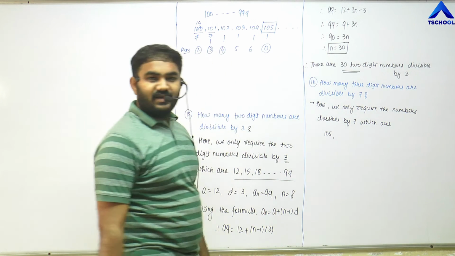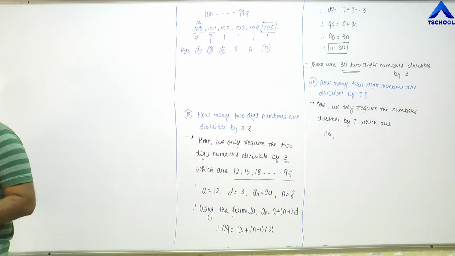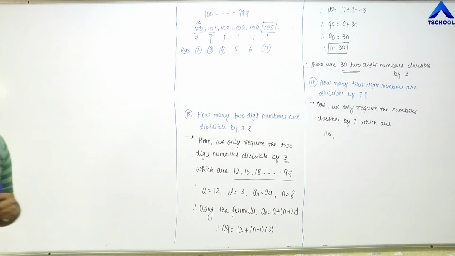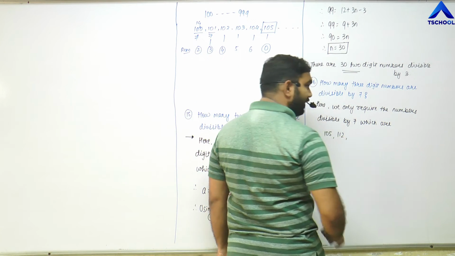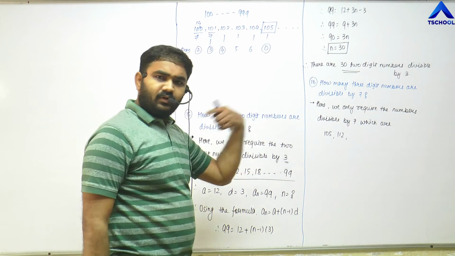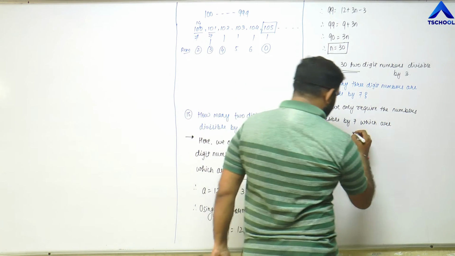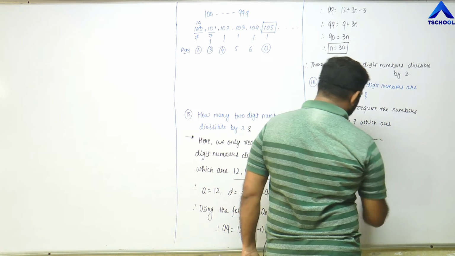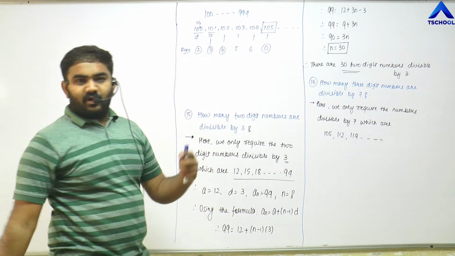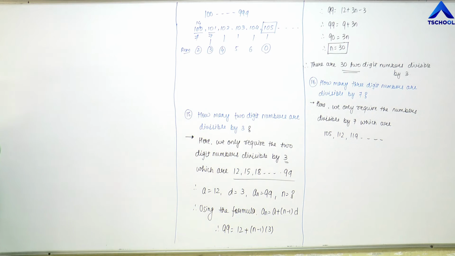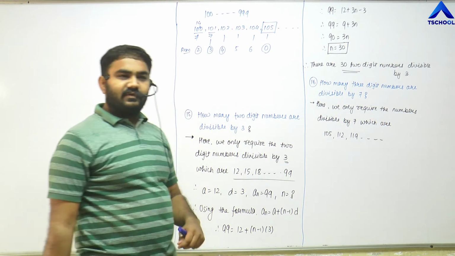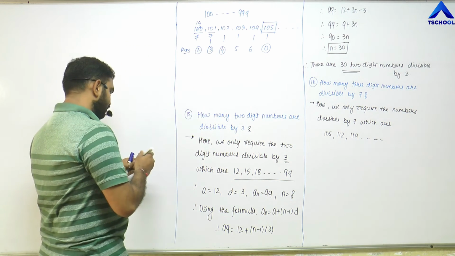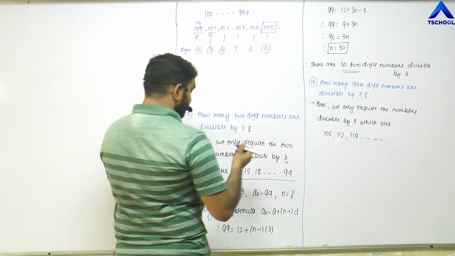Now the second number, as I said, we simply add 7 to this number so that we get the next number, that is 112. Then again adding 7, that will become 119, up to. But as we are bounded to the three-digit numbers, and we know the last number is 999, we again shall find out the last number as we found out in the previous example.